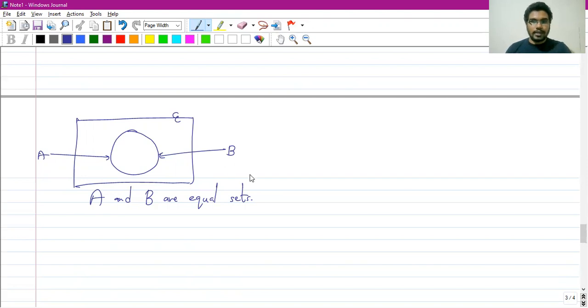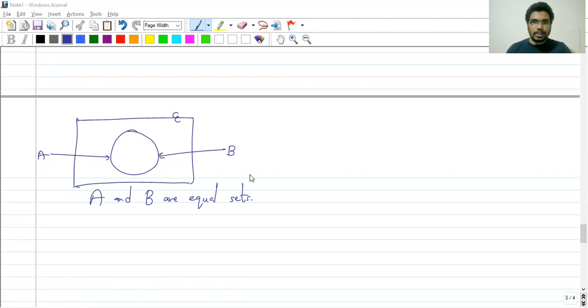In the next video, we will discuss intersection of sets, union of sets and disjoint sets. After that, we'll discuss the complement of a set. Those are the topics we have to discuss further, and after that the lesson is over.